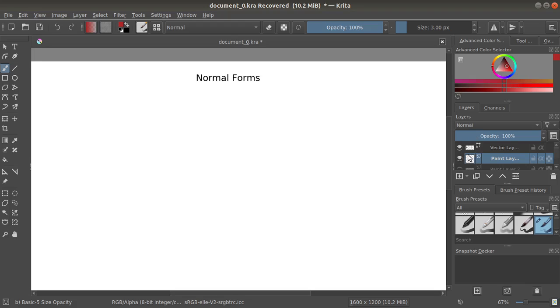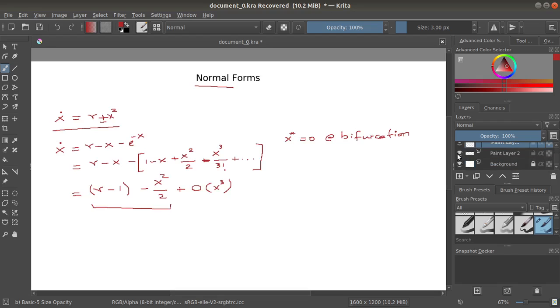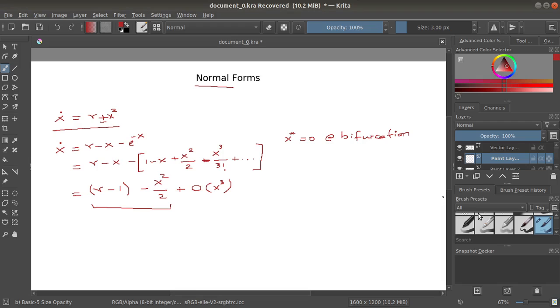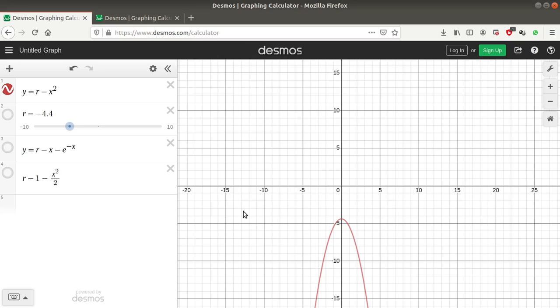But before that, I will also show you this answer graphically, that it is true. So the claim is this is the form, and if I plot that, I will get this parabola.